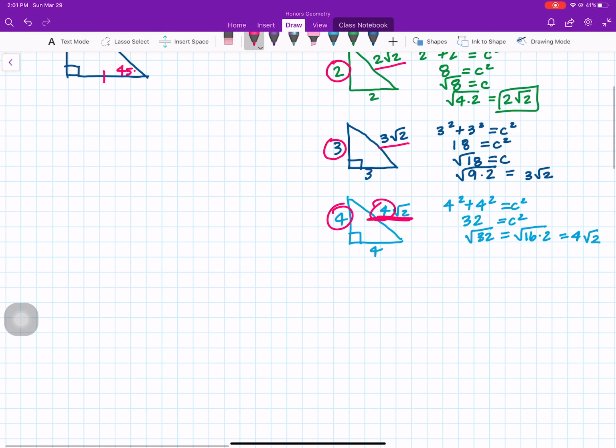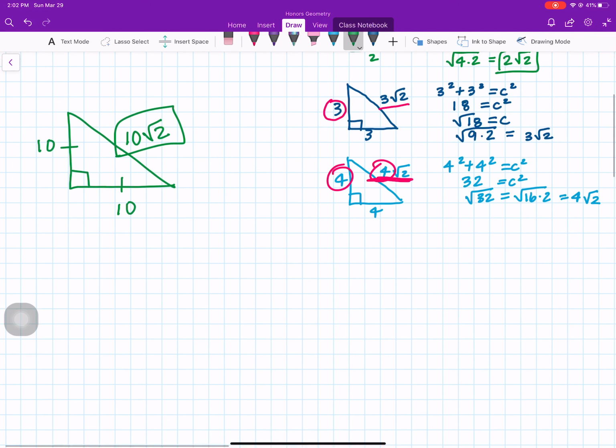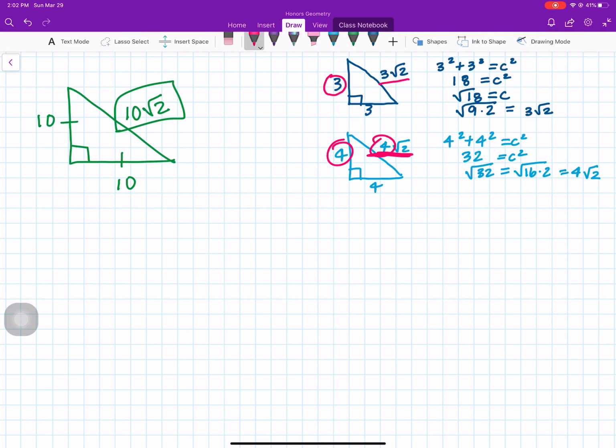So like if I said that you had a triangle that was 10 and 10, then you could do Pythagorean theorem, or you could just say, because you know your pattern, it has to be 10 root 2. It does get a wee bit more complicated.